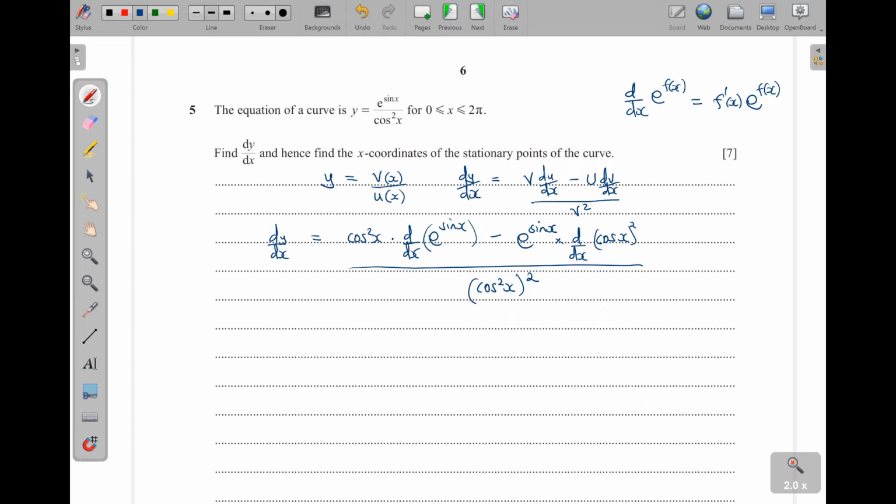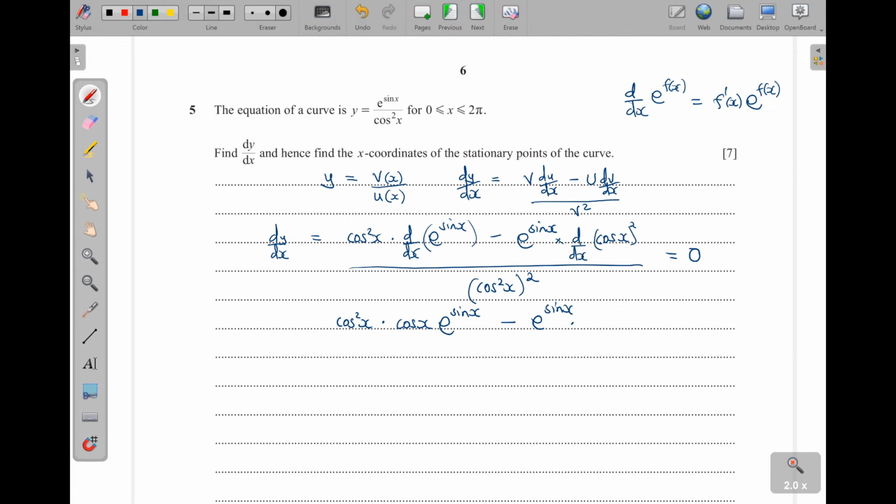After we equate this to 0, because for stationary points dy/dx is equal to 0. When we differentiate sine x, we get cos x. So we have cos squared x times cos x times e to the power of sine x.